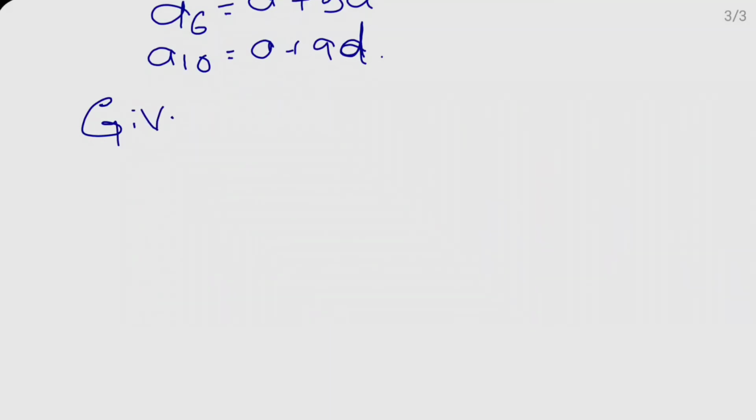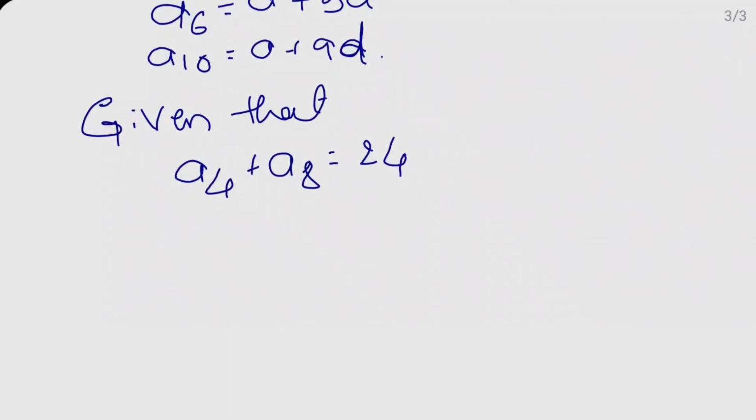Given that a4 plus a8 equal to 24. The sum of 4 term and 8 term is 24. It means a4 plus a8 equal to 24. Is it clear?